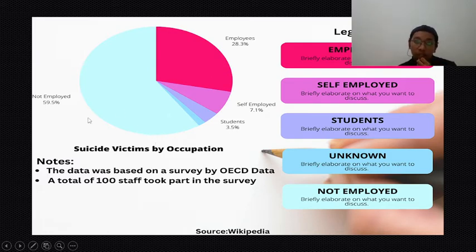As you can see here, the not employed dominate this chart because the not employed suicide cases in Japan increased during the COVID-19 phase in 2020 to 2021.